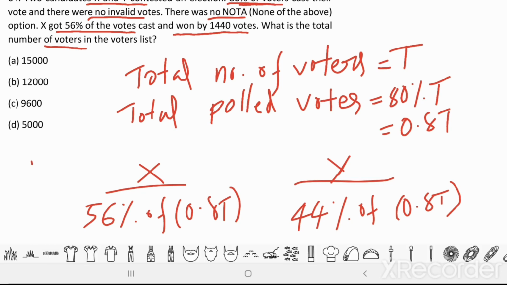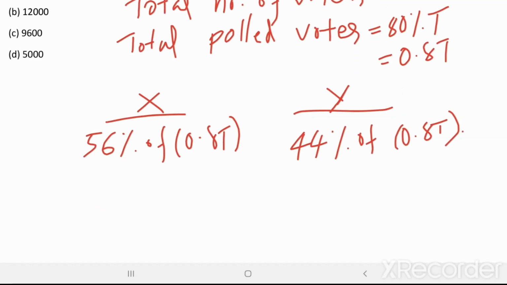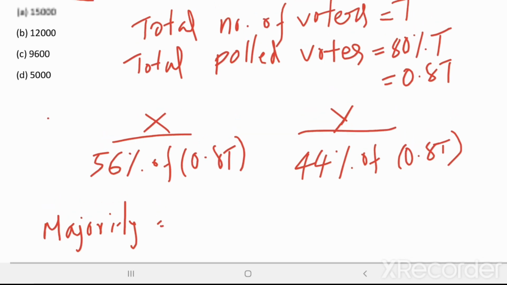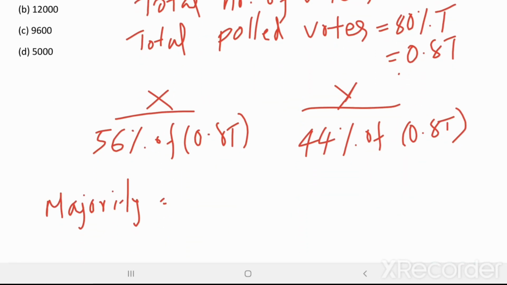Then here it is said that X won by 1440 votes. That means majority. X got 1440 votes more than that of Y. That is called majority.